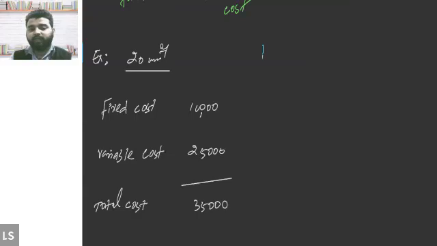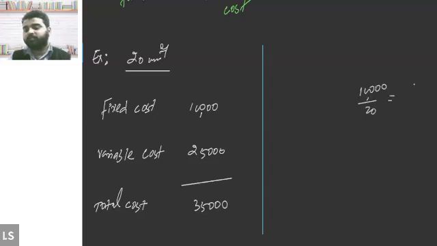Now, Alexander, suppose 10,000 fixed cost has been spent for producing 20 units of output, but I just want to know approximately how much fixed cost has been incurred on 1 unit of output. You can say, sir, 10,000 has been spent for producing 20 units.